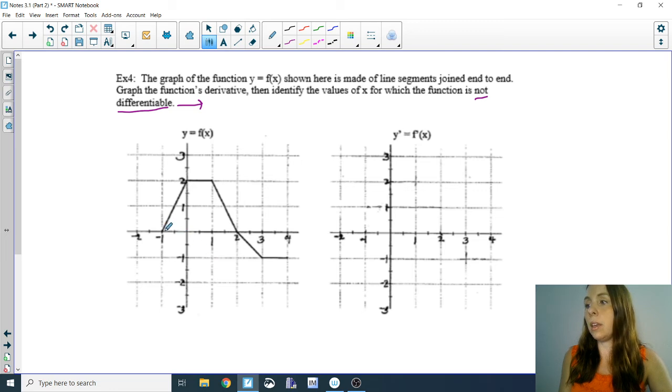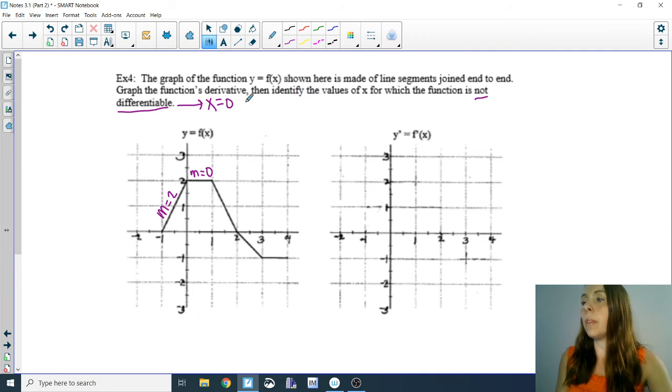Here I'm doing a slope of up 2 over 1, and then very quickly at x equals 0, I change to a slope of 0. I'm going to write this in because it's really important for us to know these specific slopes. On the interval from -1 to 0, I am looking at a slope of 2, but then very quickly at x equals 0, I change to a slope of 0, right? Because it's horizontal here. And so x equals 0 is going to be a place where it's not differentiable.